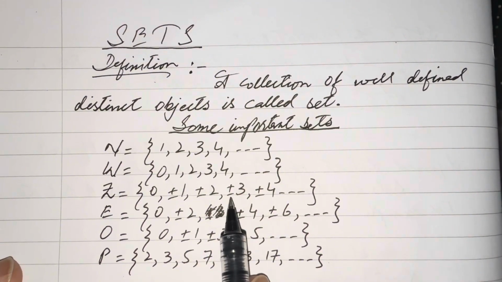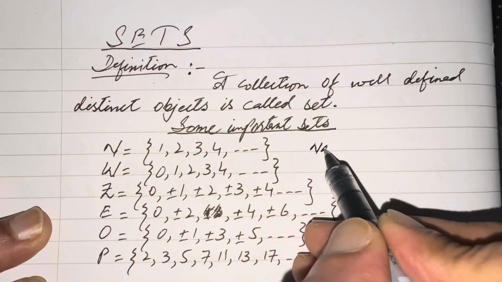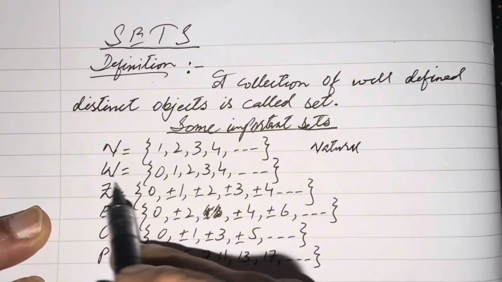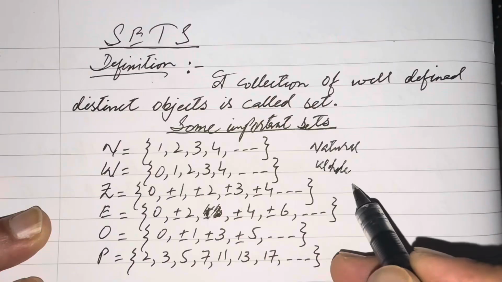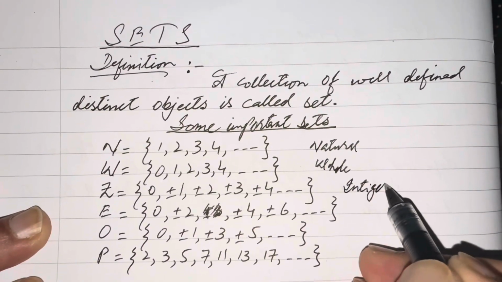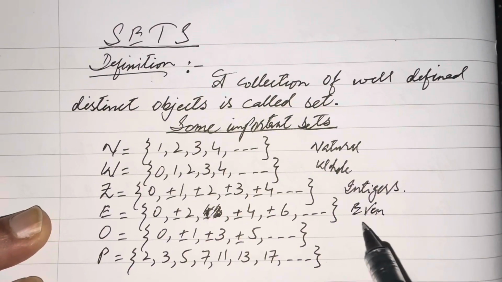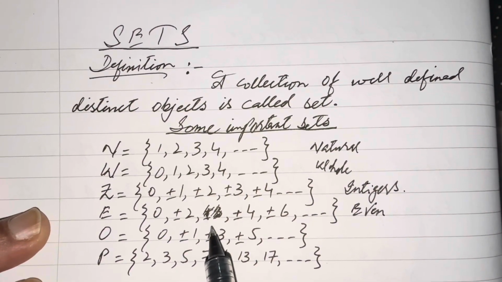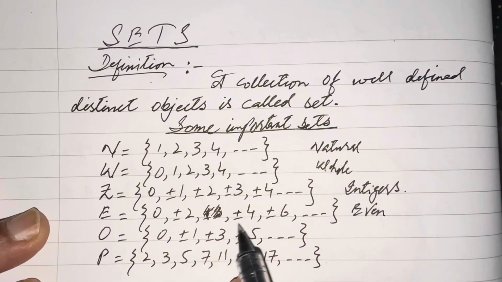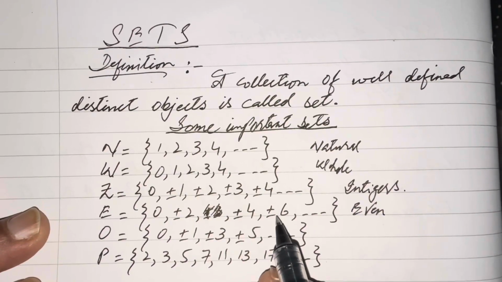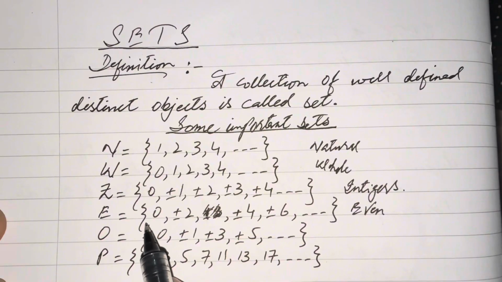So N for natural numbers, W for whole numbers, Z for integers, E for even numbers. Even numbers are those numbers which can be divided by 2, and they always start with 0: 0, plus minus 2, plus minus 4, plus minus 6, plus minus 8 and so on. These are called the even numbers.